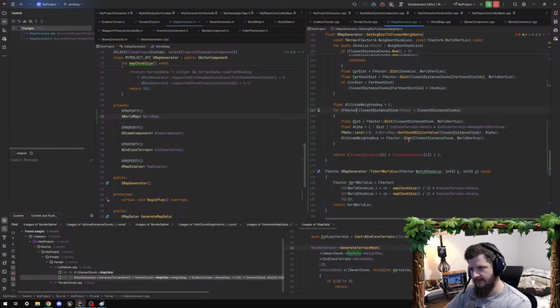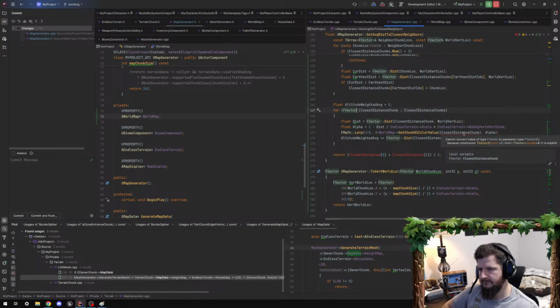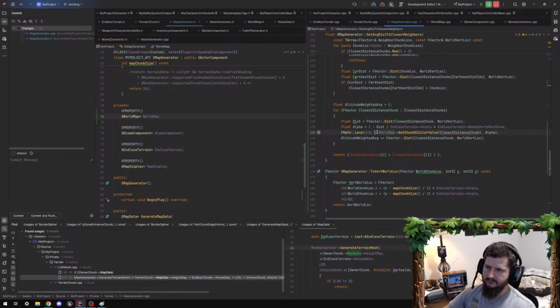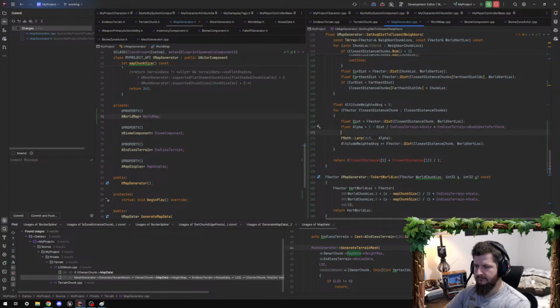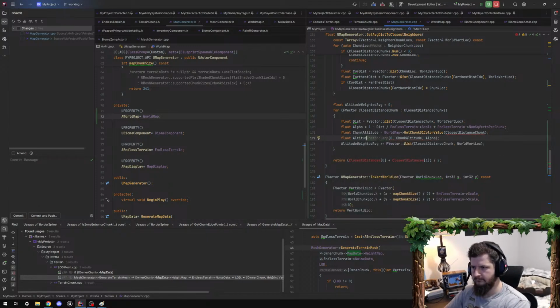Okay, so here I need to actually convert this chunk back to a 2D, which is kind of annoying. But that should give me the... I say should.